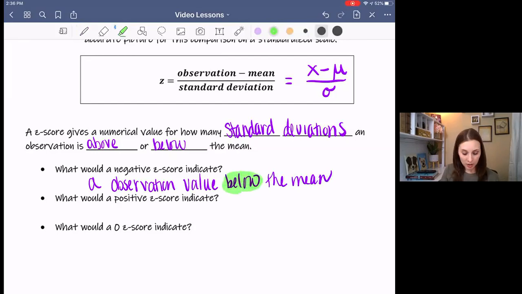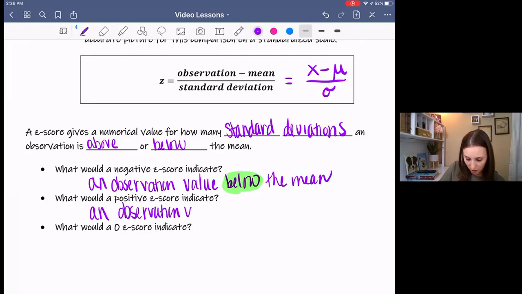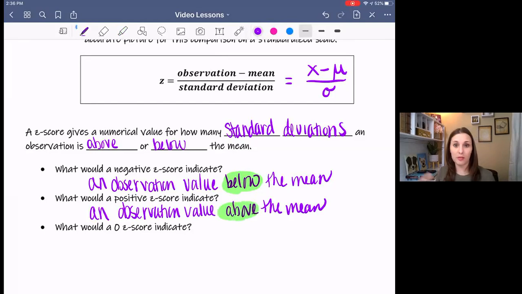Which means that a positive z-score would be an observation value above the mean. So it gives you a relative standing of the value as compared to the mean.